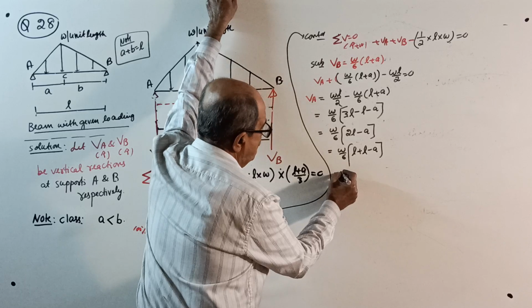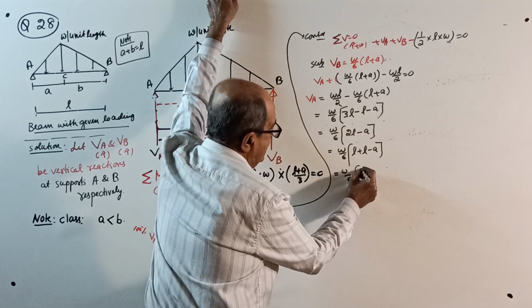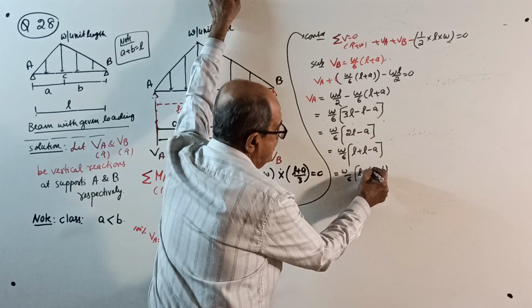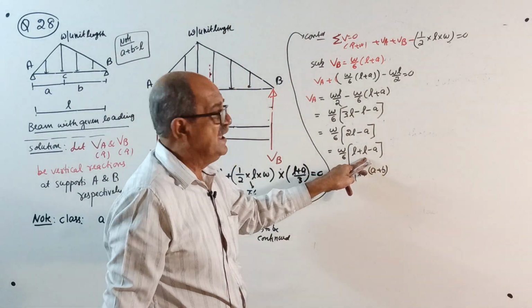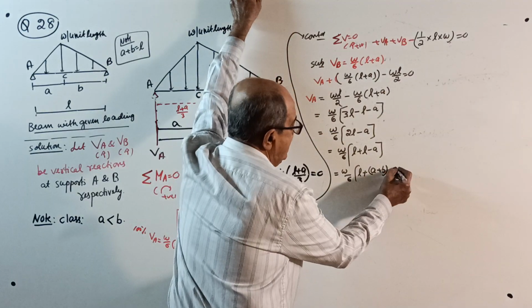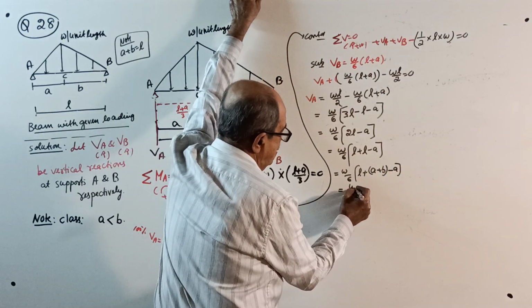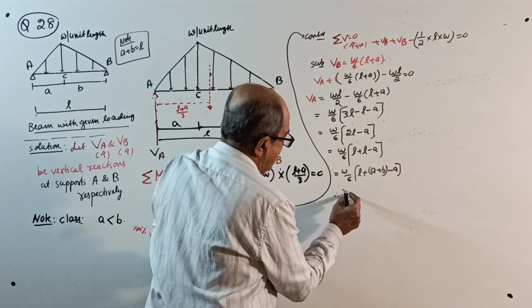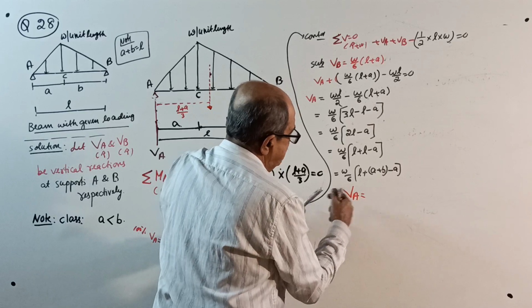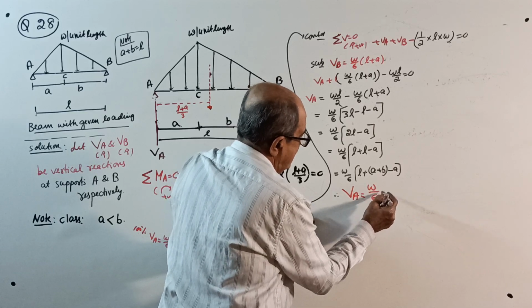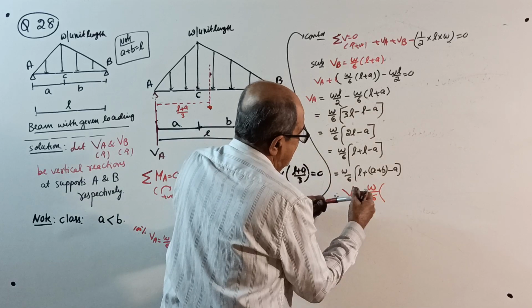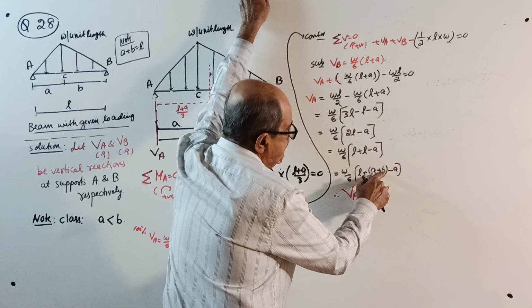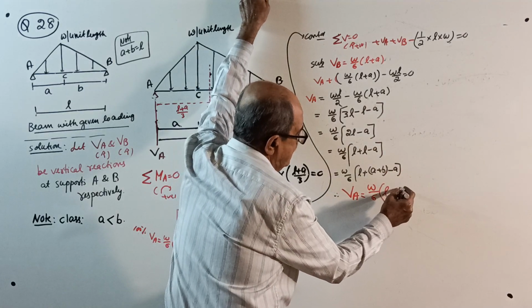Okay. Or equal to W by 6 into L plus L is nothing but A plus B. You write here, one of the L you replace by A plus B minus A, or therefore your VA will come W by 6 into L, A plus B minus A cancels, L plus B.